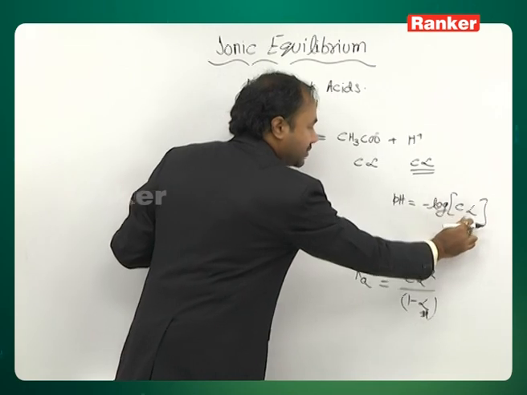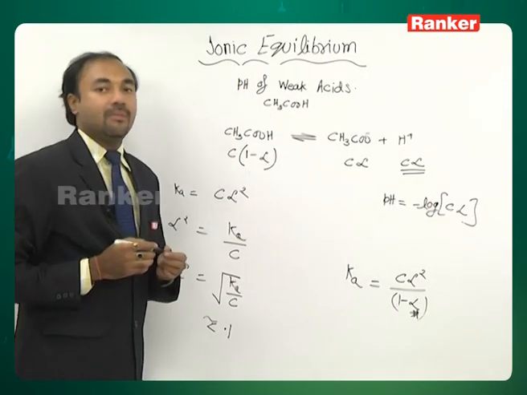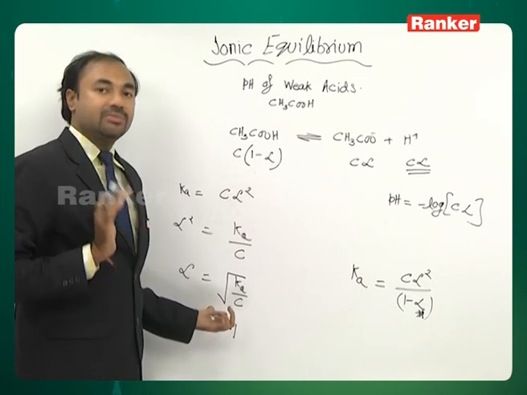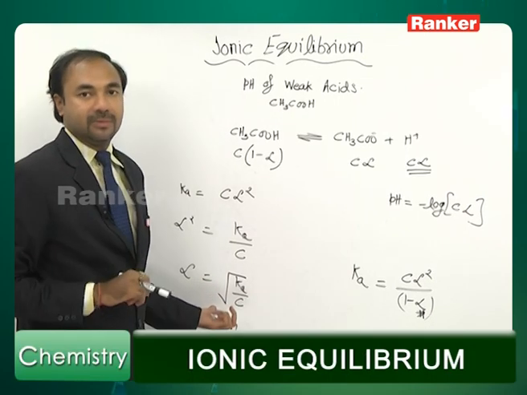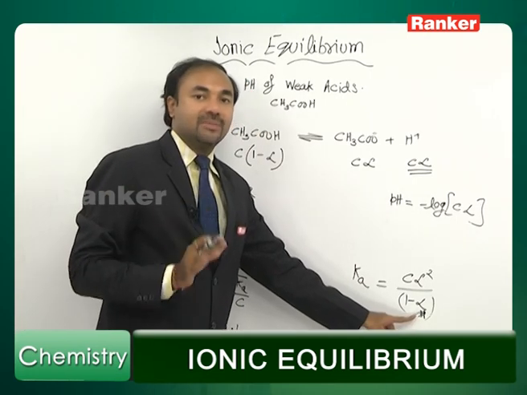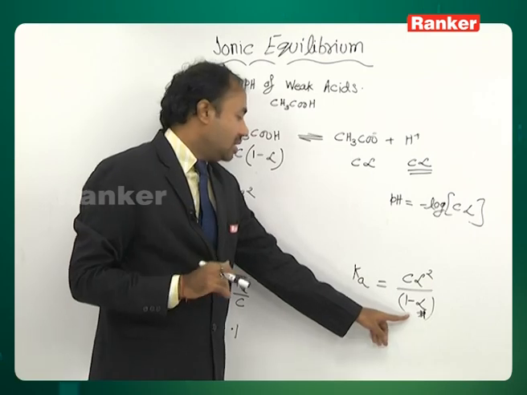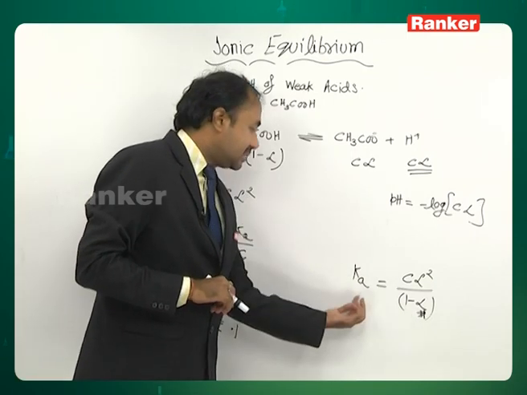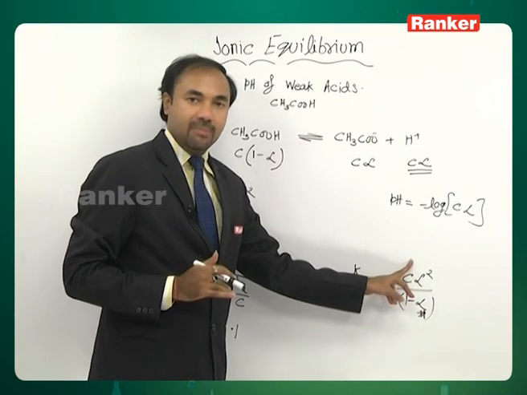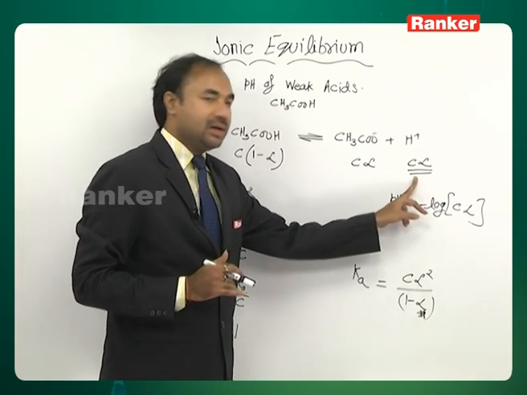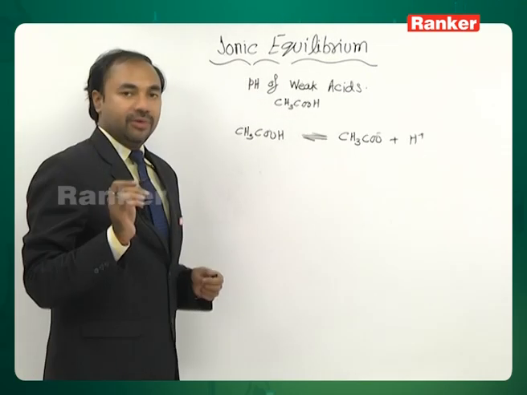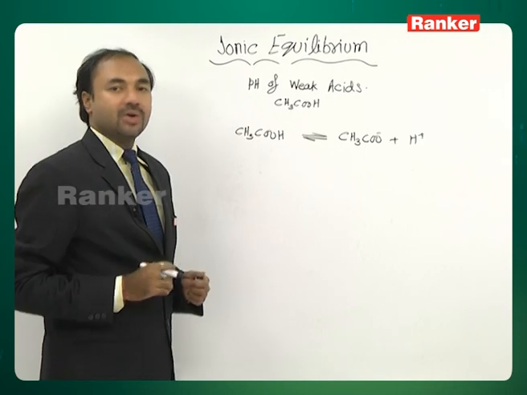But if the value of alpha comes out to be greater than 0.1, you should not take this approximation. Our approximation becomes invalid, and in that case you will have to solve the quadratic equation, get the value of alpha, multiply with C to get C alpha, take minus log, and you will get pH.